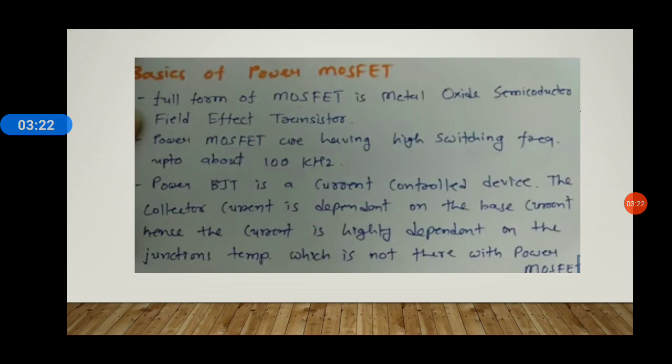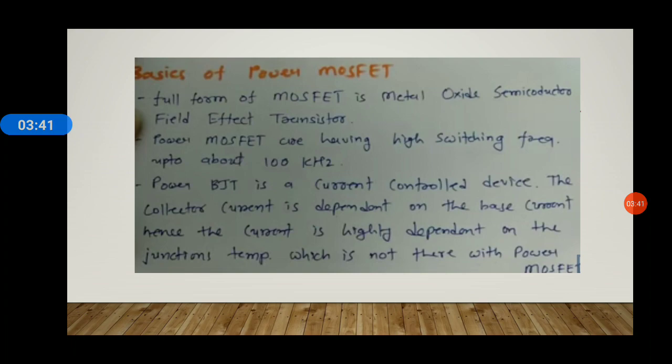Now, the third point worth remembering is, we know that BJT, power BJT, is a current control device. The collector current is dependent on the base current, and the base current is again dependent on the junction temperature.